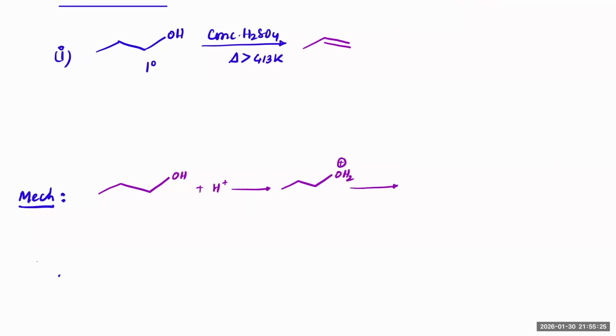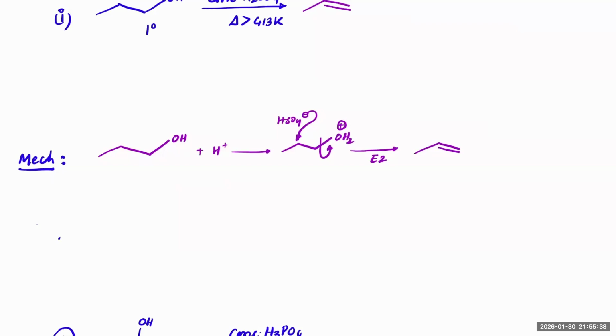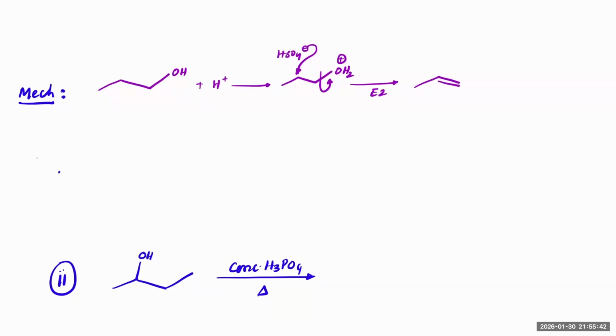When you heat it, HSO4 minus can directly extract the proton from here. Because primary is not stable, you will get the double bond form. Got it?